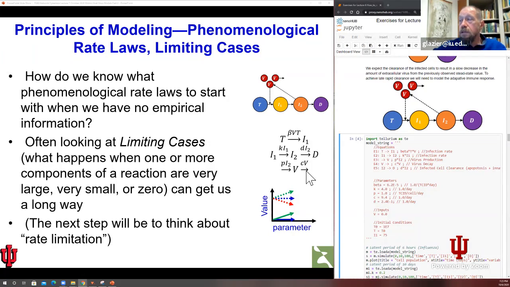If there were no virus in the system at all, we could still have, for example, suppose our T cells died naturally because there was turnover of the T cell population. Then the rate of T cell death would be independent of the amount of virus. And so as the amount of virus went to 0, the rate of T cell death wouldn't go to 0.